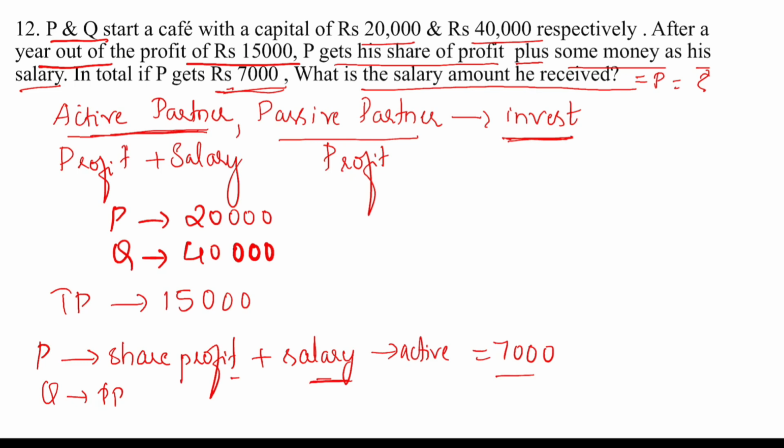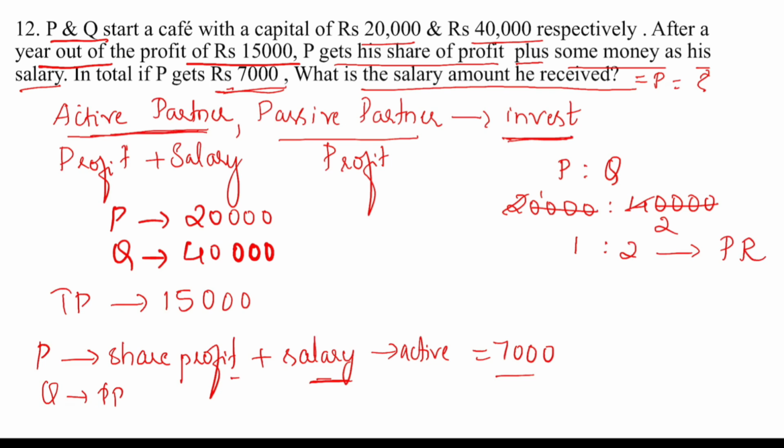Now we know the ratio of P to Q. Since time is the same, we will not consider time, we will consider only investment. 20,000 is to 40,000. The zeros cancel, so it is 1:2. The investment ratio is nothing but the profit ratio. So the profit ratio of P and Q is 1:2.